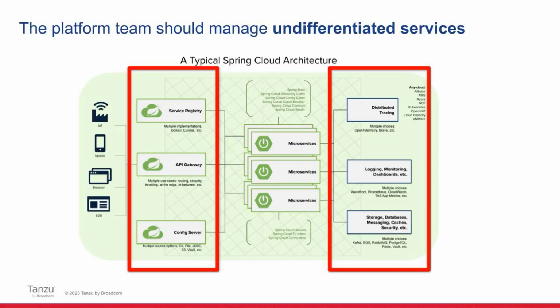So the next thing to think about in a platform is you want the platform team to manage as much of the, let's call it, undifferentiated services. All of the stuff that you would need for any type of application you're building in a large organization. And just as an example, kind of typical Spring apps, right? In the microservices there, one of those should really say apps, not just microservices.